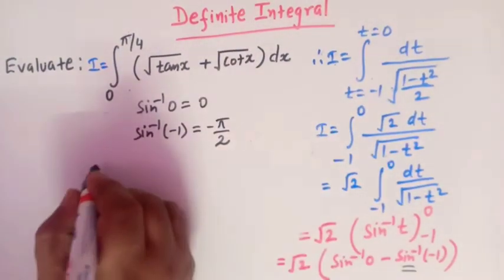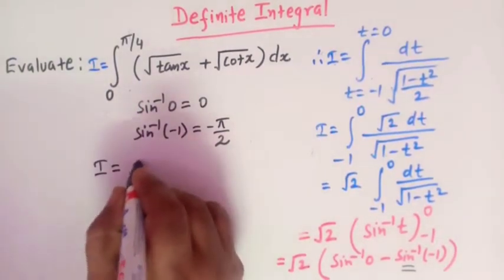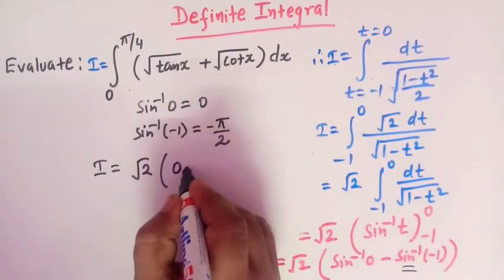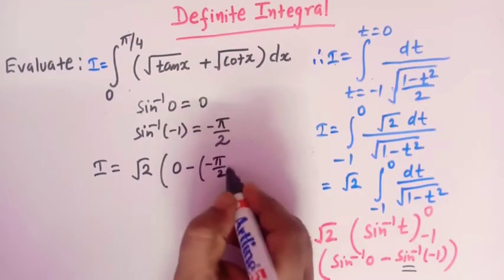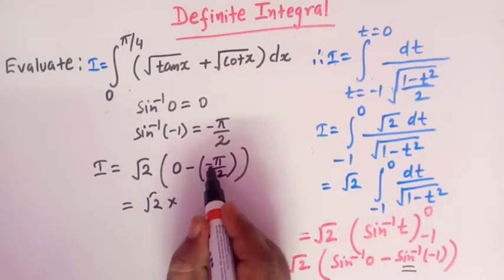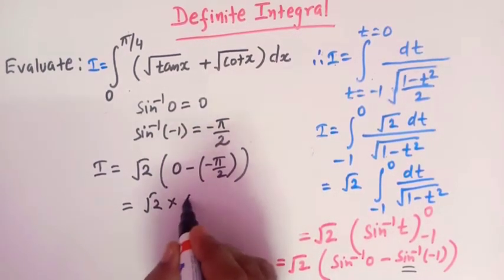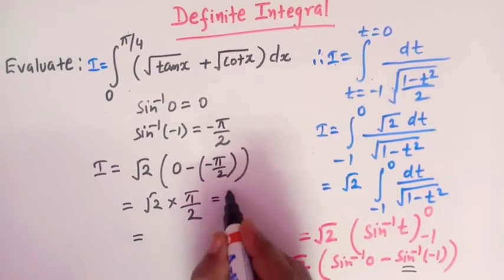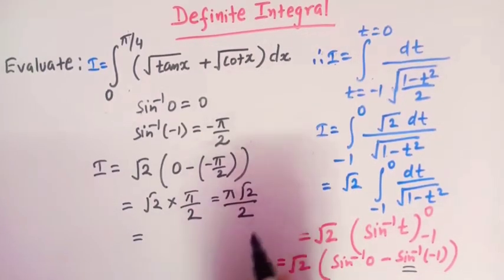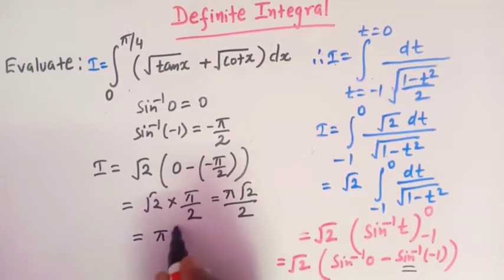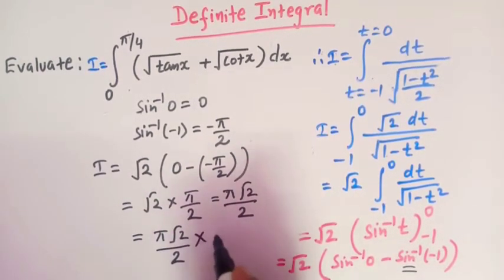So the integral becomes I is equal to square root of 2 multiplied by 0 minus minus pi over 2. Minus and minus, the product becomes plus, so here we have pi over 2. Now multiplying the numerator and the denominator by square root of 2, this expression can be written as pi root 2 over 2 multiplied by square root of 2 over square root of 2.